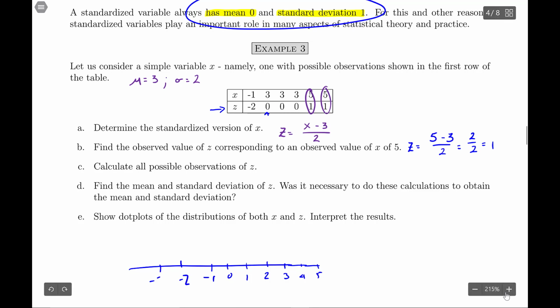There we go. -3. So we're looking here at the distribution of X, and we know that 3 is our mean, and our standard deviation is 2, so 1 standard deviation to the left of this mean, and then 1 standard deviation to the right. And if I put in my points, I have 3 observations at 3, I have 2 observations at 5, and I have 1 observation at -1.